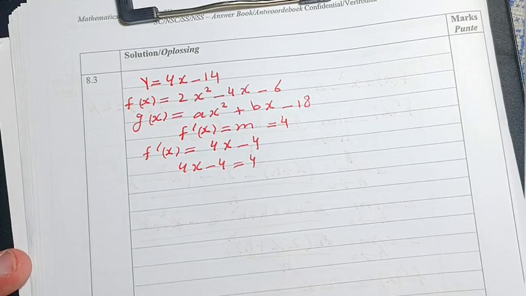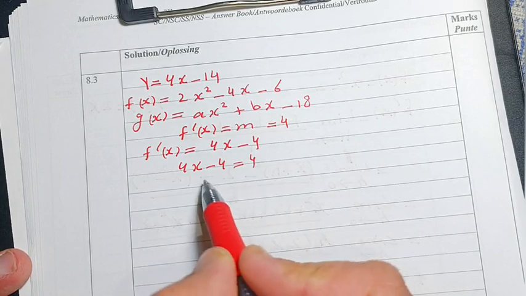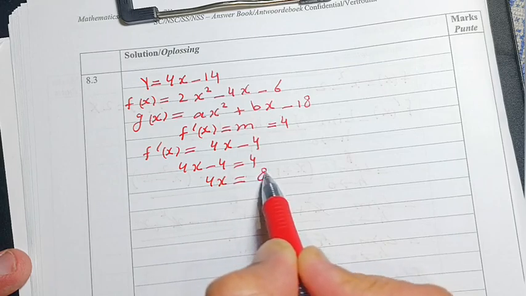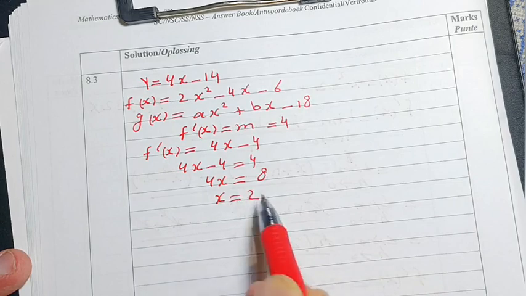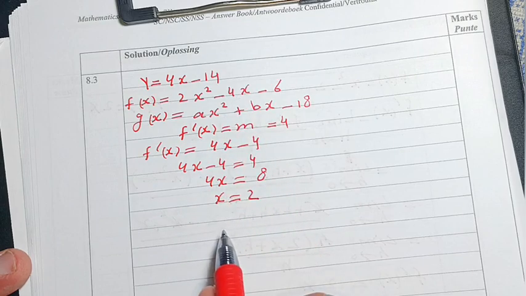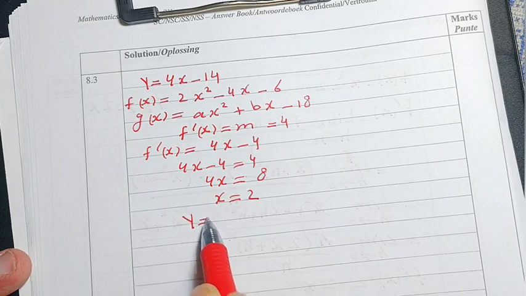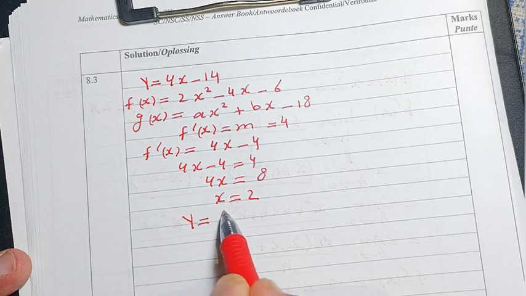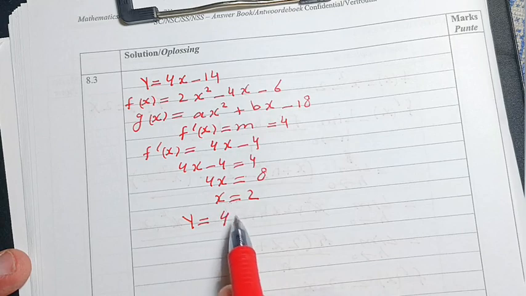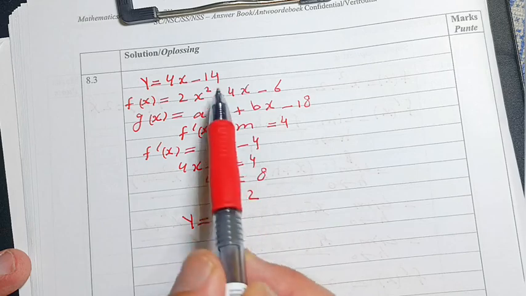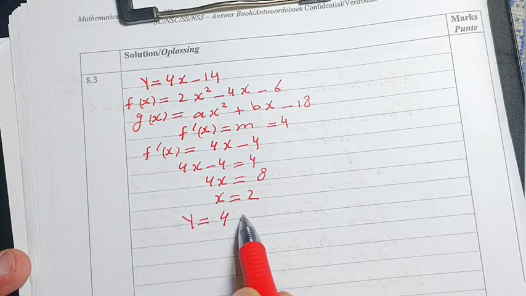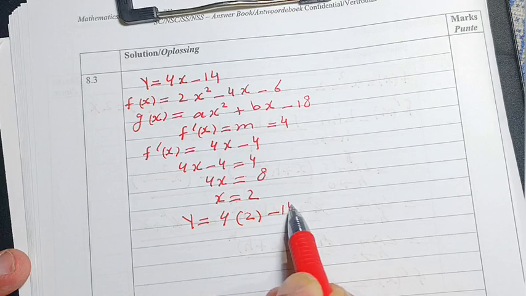So now solve for x here. It's going to be 4x, the negative 4 becomes positive on this side, so 8. Therefore the x value is going to be 2. Now we need to find the y value. To find the y value, this x equal to 2, I'm going to put back into the tangent line, then I will get the y value. 4 multiplied by 2 negative 14.